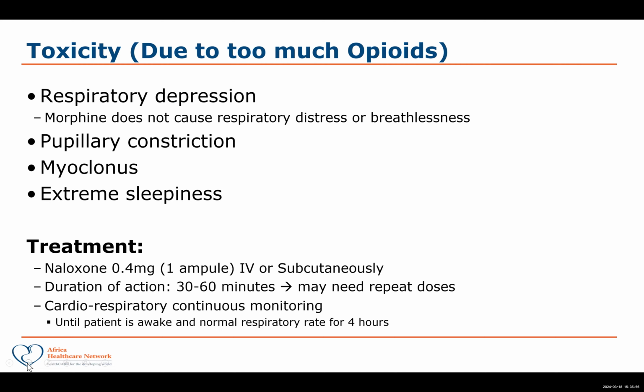So patients can experience respiratory depression, pupillary constriction, and myoclonus, also extreme sleepiness. And we know for patients that are in this situation, we need to treat it quickly for our patients that might be opioid toxic. And then the recommendation is there at the bottom. And that can be due to the medication not leaving the system or the dose being too high.